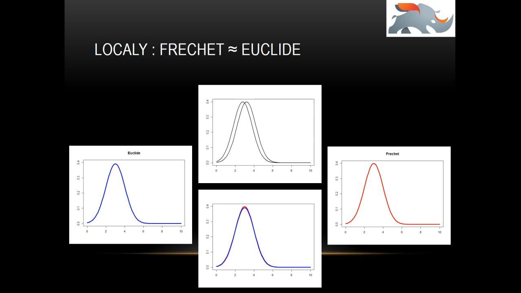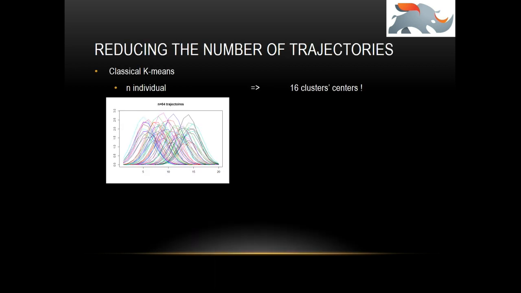So one idea is, if we get many, many trajectories, instead of computing the Frechet mean, we will first compute some summary data using the classical K-means algorithm to make some kind of election. So in every department, we will elect a senator.